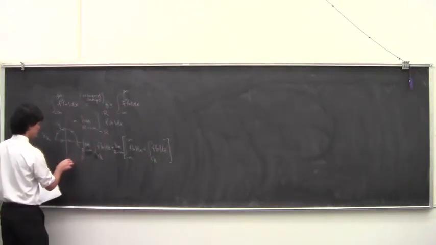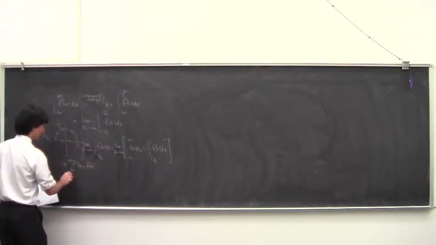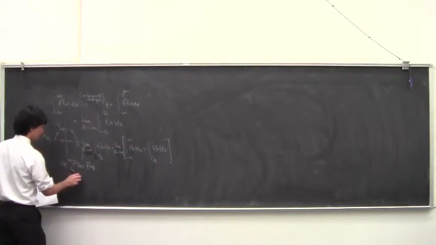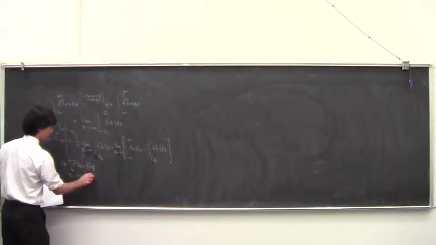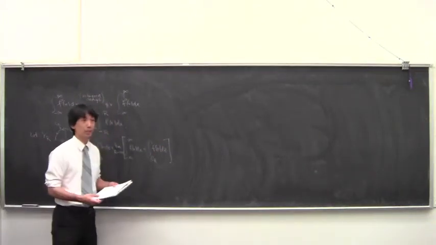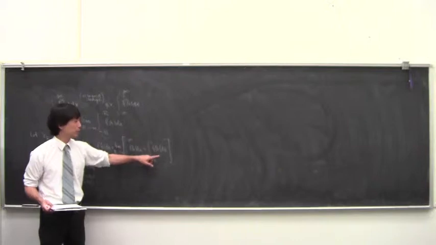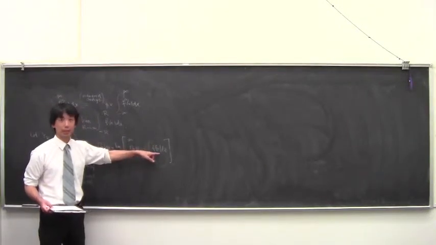This is going to be 2 pi i times the sum of the residues of f at the singularities in the upper half plane. And you're hoping you have some conditions on f so that this integral vanishes, or maybe you can evaluate it.